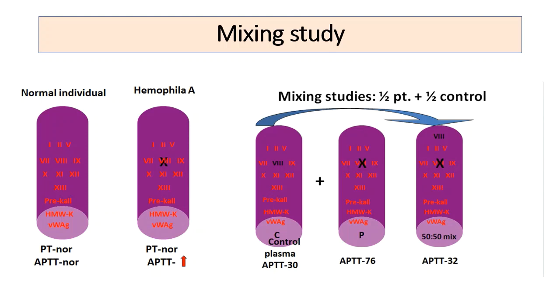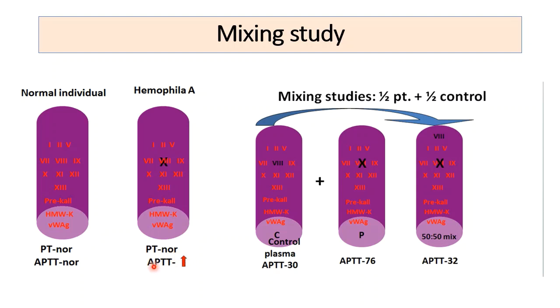So let us just see it with the illustration. This is a normal person who has all the factors, right? His PT and APTT are normal. This is a case of hemophilia which has a factor 8 deficiency. So this patient's APTT is abnormal.